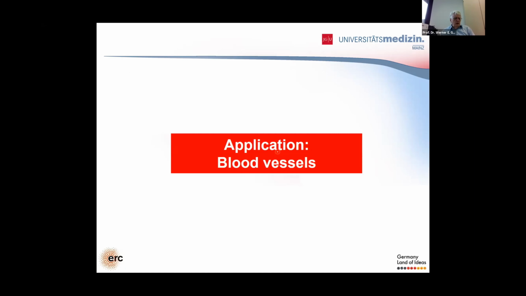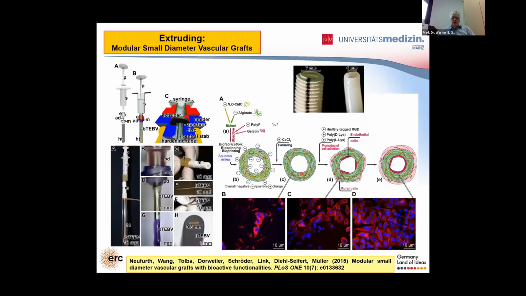We have now, together with another company, designed a machine which is able to make 3D printing vessels. And in these kind of vessels, we can implement and supplement and include polyphosphate so that the cells can proliferate and differentiate in these kind of printed vessels.